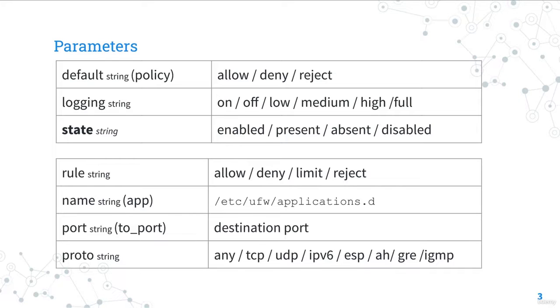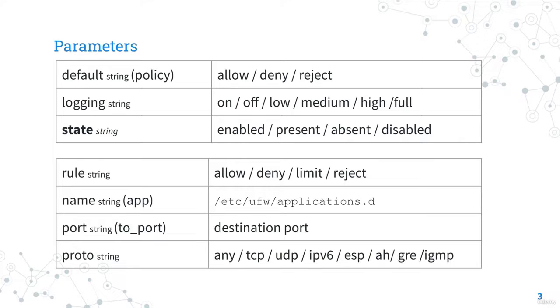The to_port parameter, also called port, specifies the destination port. It could be a single port or a range, for example 5000 till 5100. The separator is the colon.